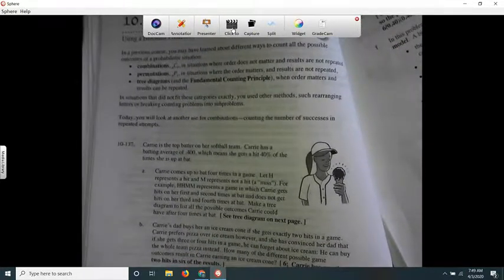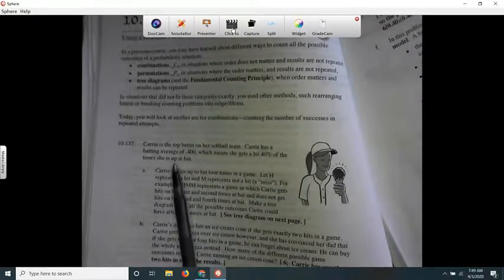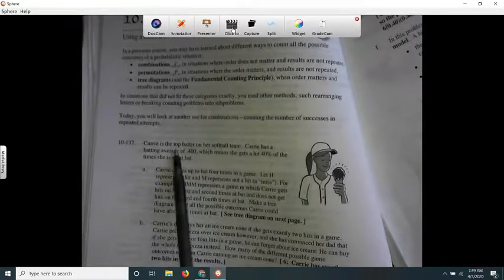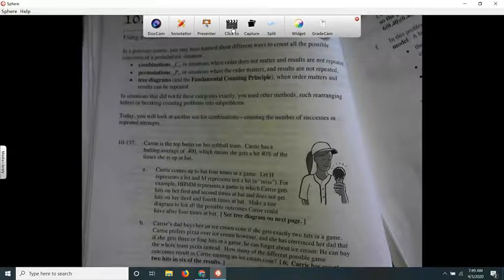So let's read this. It says, Carrie is the top batter on her softball team. Carrie has a batting average of 400, which means she gets a hit 40% of the times she's at bat. So that means she doesn't get a hit 60% of the time she's up at bat. Carrie comes up to bat 4 times in a game.